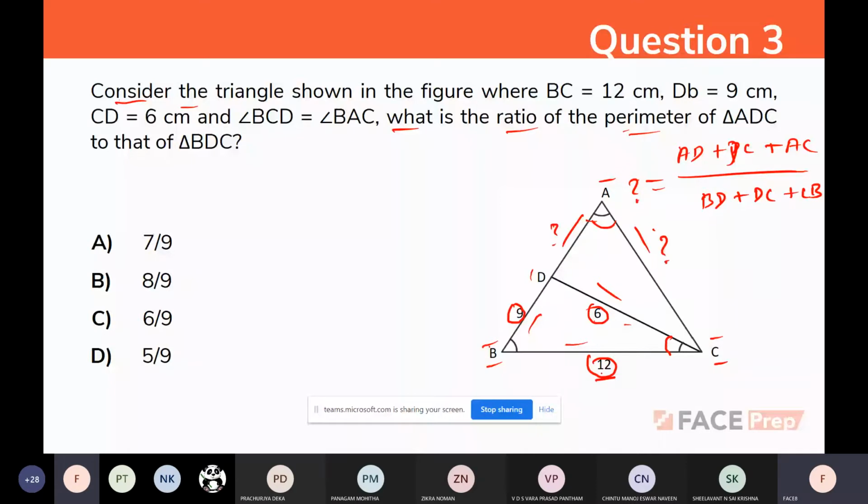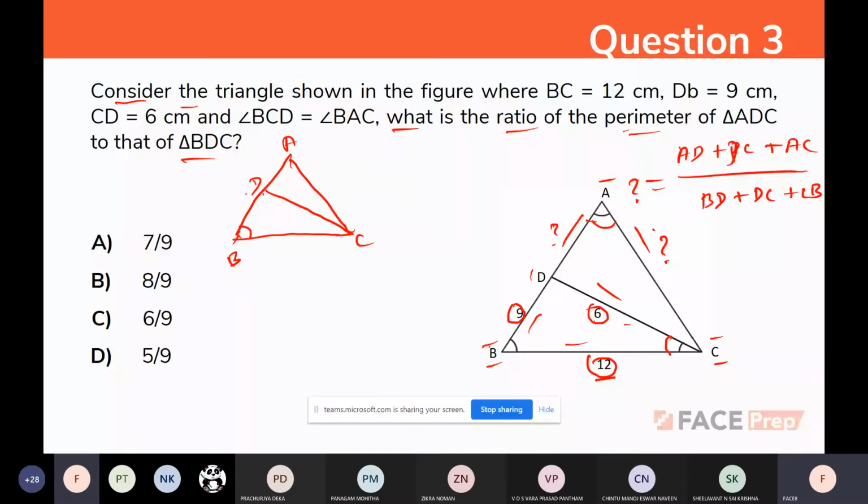For this question, we need to know the similarity rule for triangles. Let me tell you. If two triangles have one common angle and one common side, we can say those two triangles are similar. Here B is a common angle for triangle DBC and triangle ABC.